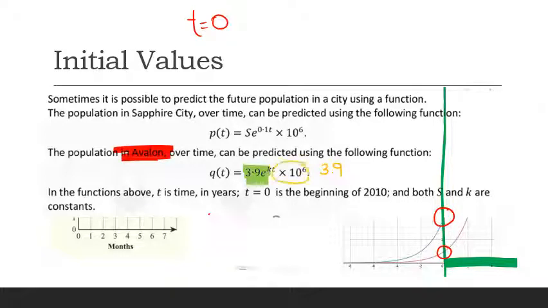In this question, this is just their scientific notation to make it easier, 10 to the power 6. So the initial value here was 3.9 times 10 to the power 6. For the other one, Sapphire City, the initial value is S. And again, in this example, you just multiply by 10 to the power 6 because of scientific notation.